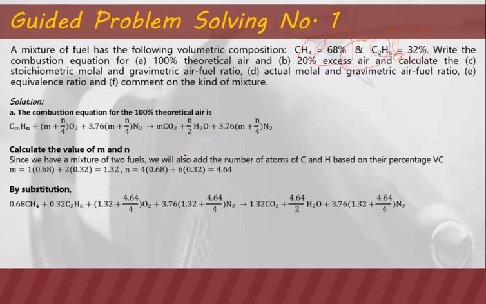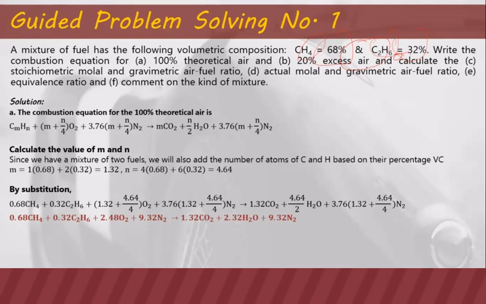And then finally, we can simplify all of this by computing the equivalent numbers for each quantity. For 100% theoretical air, our answer for question A is 0.68 CH4 plus 0.32 C2H6 plus 2.48 O2 plus 9.32 N2.